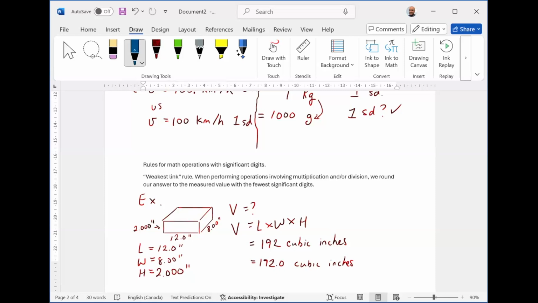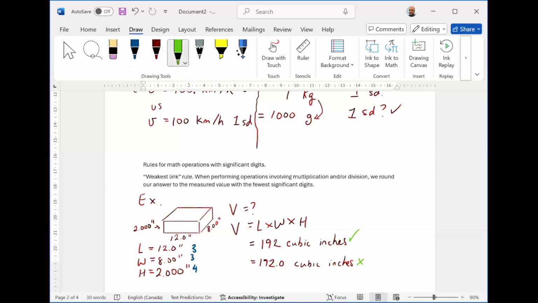In terms of significant digits, we have 3 here, 3 here, and 4 here. So the correct answer would be this one, because this one has 4 significant digits in the final answer. So this answer, the second one here, is claiming more certainty than we actually do know.